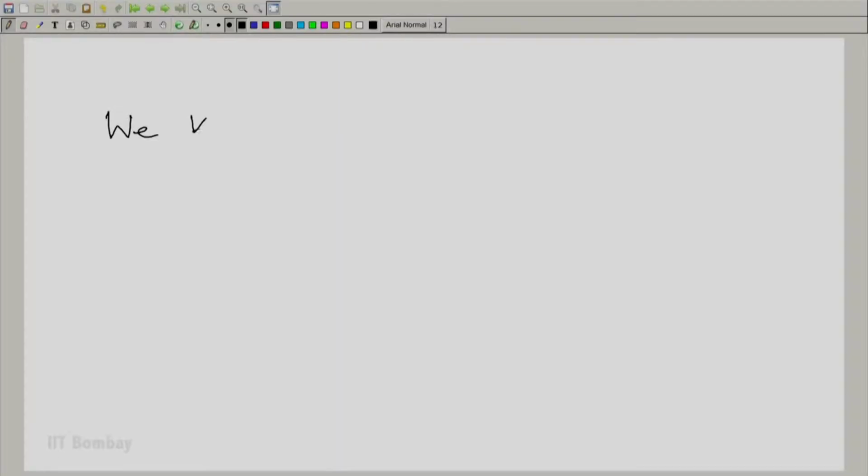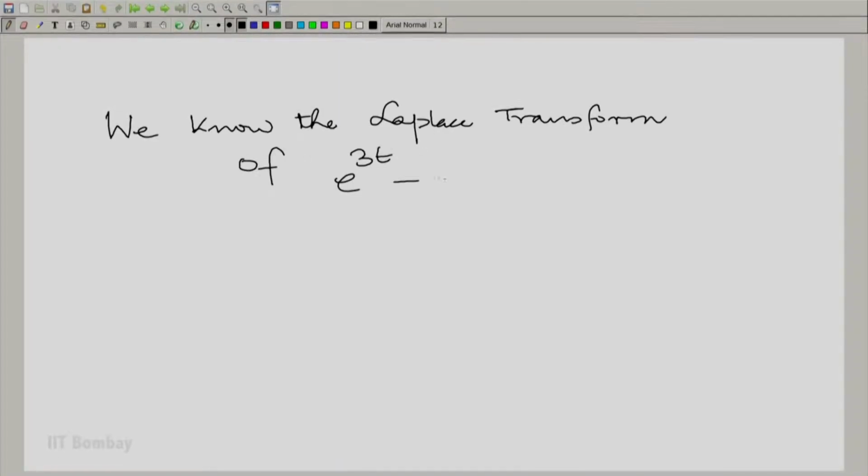So, the Laplace transform of course can be found by this route. Let us evaluate it by this route. We can easily evaluate the Laplace transform by using linearity.